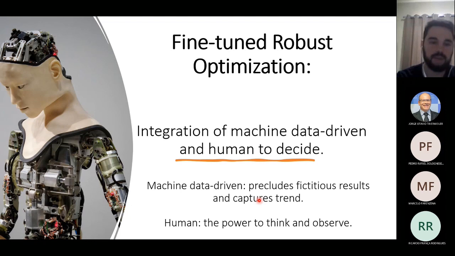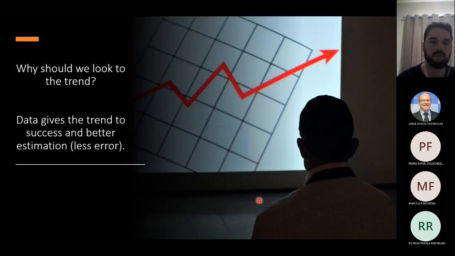What I mean is that machine data-driven precludes fictitious results and captures trends. And the human, we have the power to think and to observe. We should look to the trend. Data gives the trend to success and a better estimation. I mean, less error.